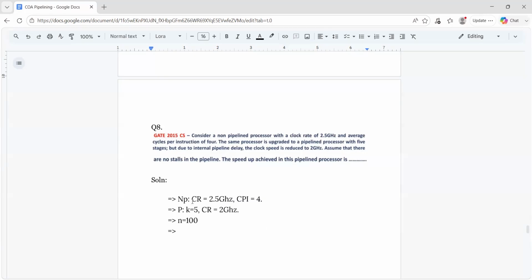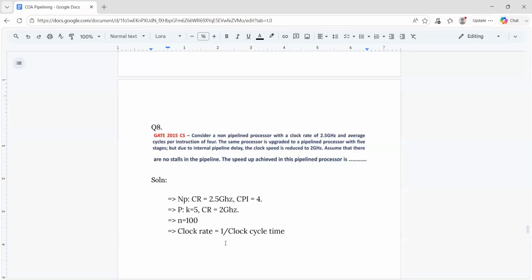Okay, so in the non-pipeline case, the clock rate is equal to 2.5 gigahertz and the cycles per instruction is 4. In the case of pipeline, K is equal to 5, the clock rate is equal to 2 gigahertz and N is equal to 100. The frequency is simply 1 by the clock cycle time.